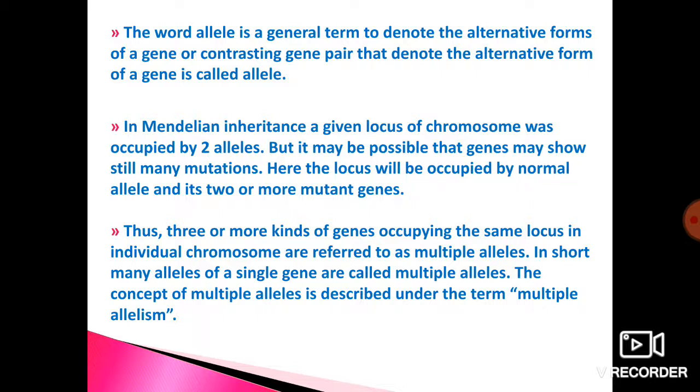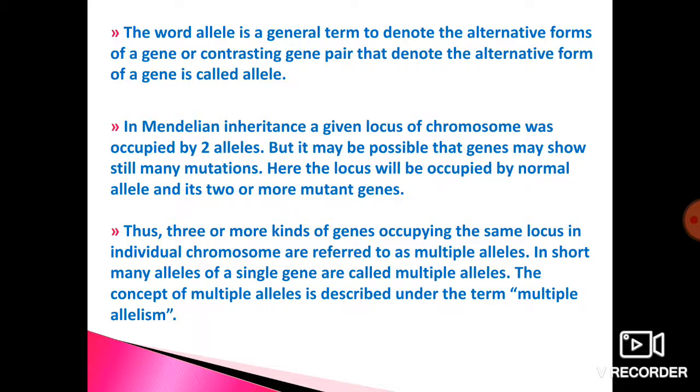Say in chromosome number 7, in locus number 2, there is a pair of genes for character Y, but this gene is present in 5 forms.